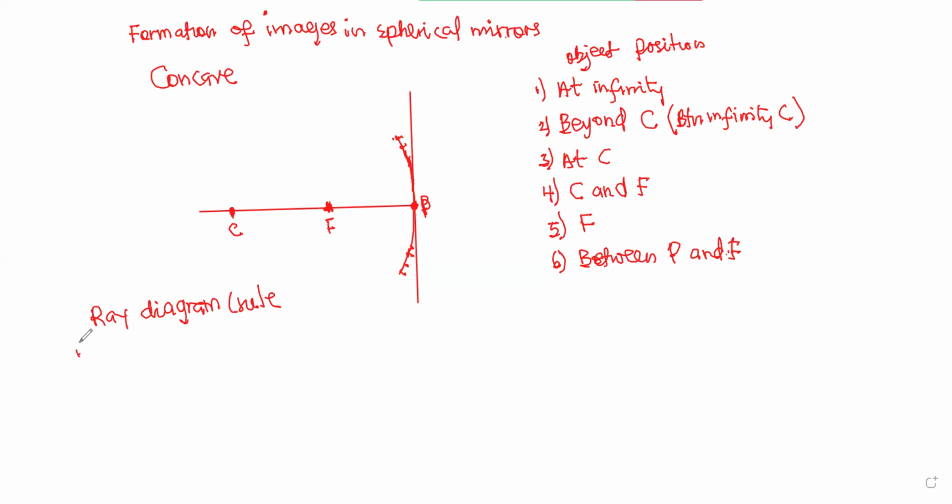The first rule is that the rays are always coming from the objects. As human beings, we see as a result of reflection. To see something, light must be incident on the object and then reflected into my eyes.